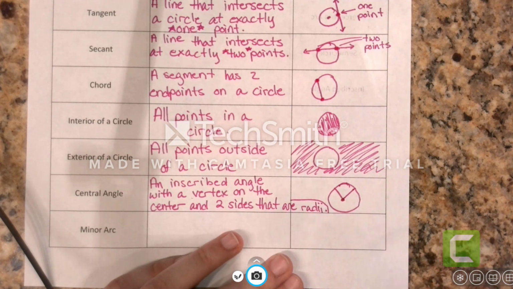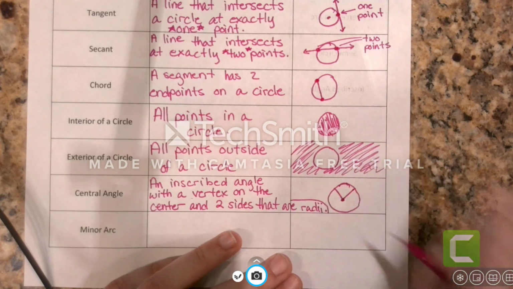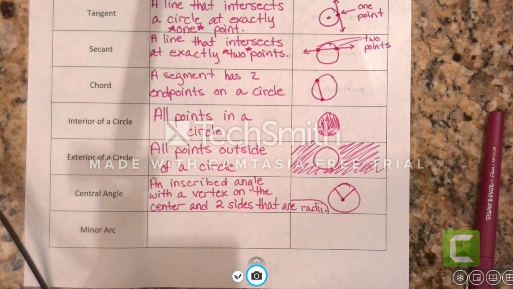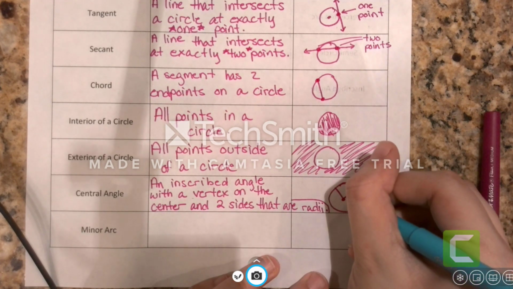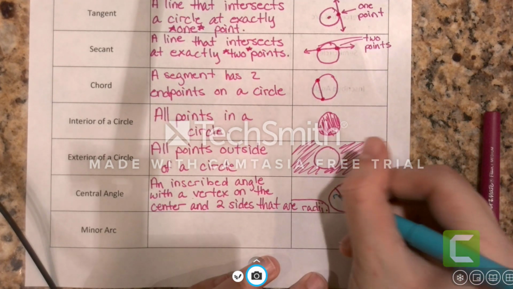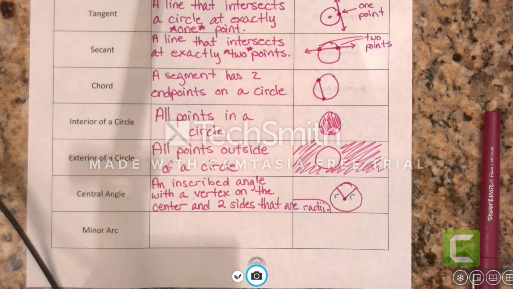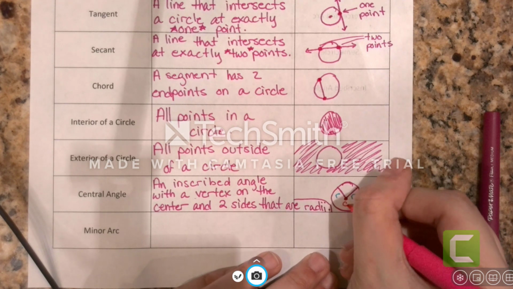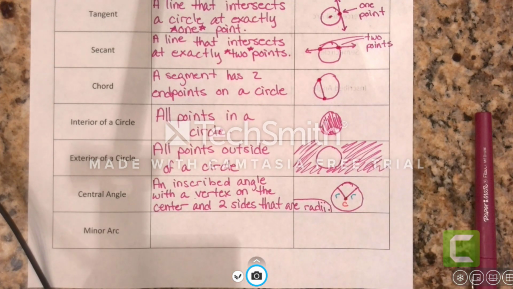That's how you'll remember it. Central angle, center point. So right here, our radii make up both sides of our central angle. And again, your vertex is sitting directly on your center point, just like that.